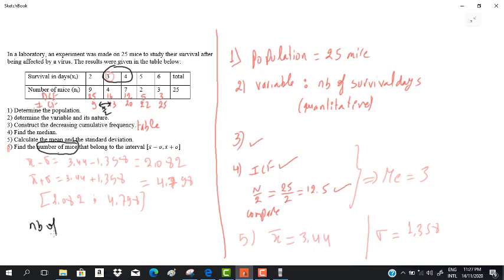Number of mice in this interval equal 4 plus 7 equal 11. If he asks about the percentage, I will calculate 11 divided by 25 times 100. But fortunately, he only asked about the number of mice, about the frequency.